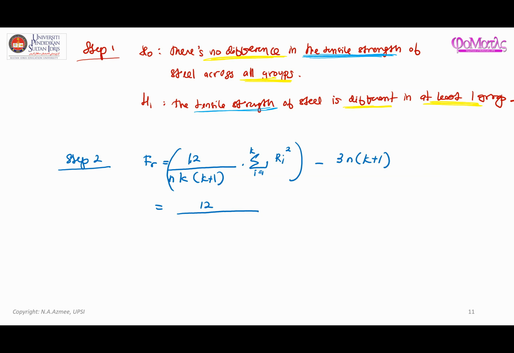Our n is 8, the number of groups k is 4, and k plus 1 is 5.